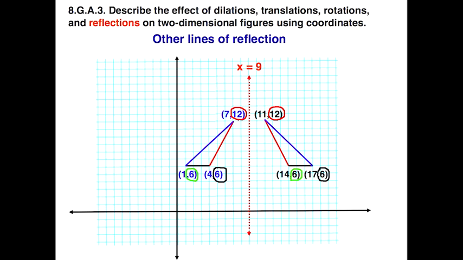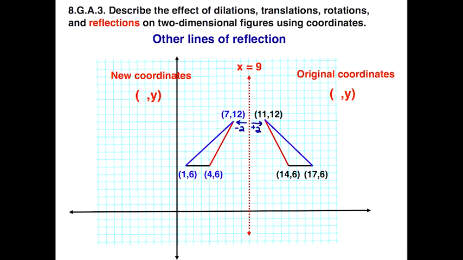It looks like our y coordinates are still the same value, which makes sense because there were only horizontal shifts that happened here. Nothing happened vertically. So if we generalize this, if we have original coordinates of y, our new coordinates will also be y's. The same thing, no change.